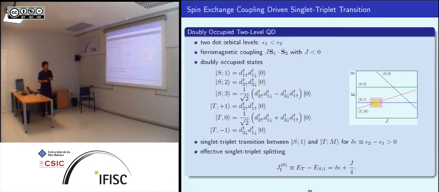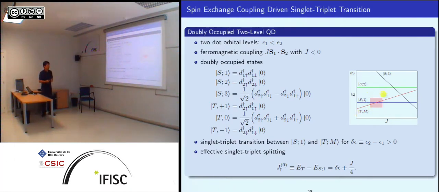So as a function of the spin exchange coupling, the order of the levels can change. The energy gap between this singlet state and the triplet state is J. Here J is 0. But usually J is negative. You can remind yourself of the Hund coupling. Usually in molecules, the ferromagnetic coupling is preferred.